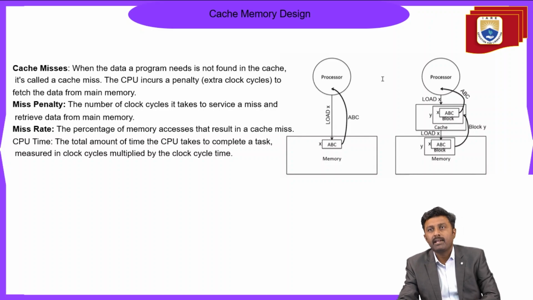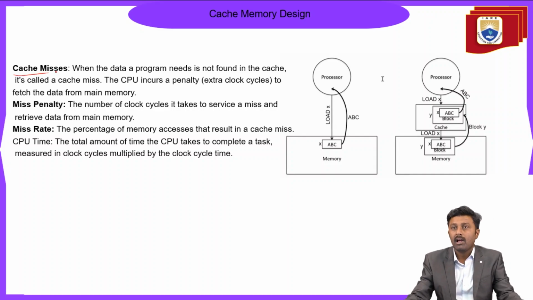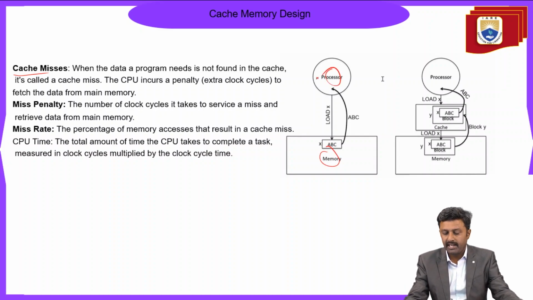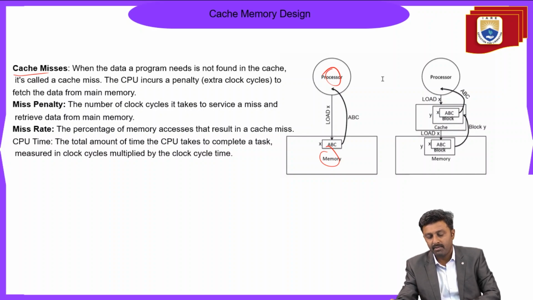The next topic is the cache memory design. We'll see some of the basic concepts of cache memory. The first one is the cache miss. The cache is placed between the CPU and the main memory, so whenever the processor is executing any task, it takes the recently used data from the cache.